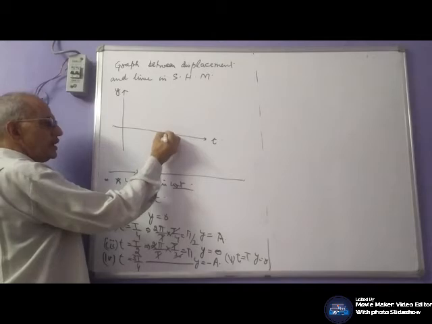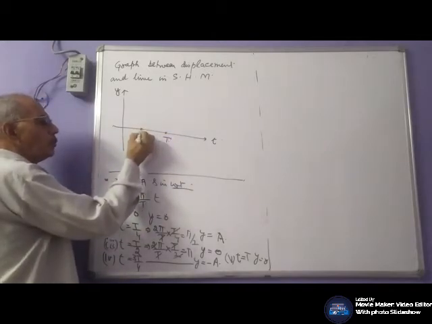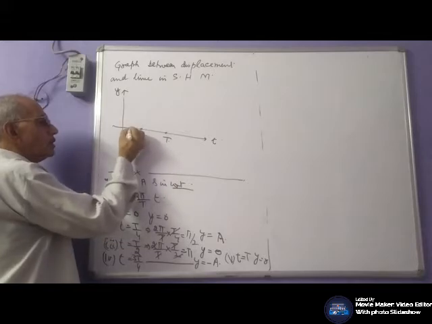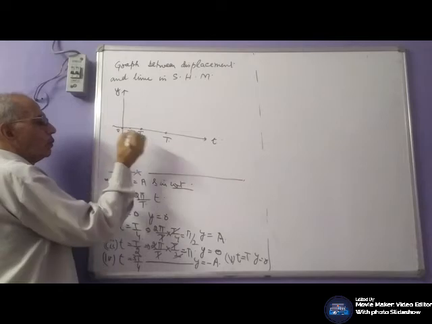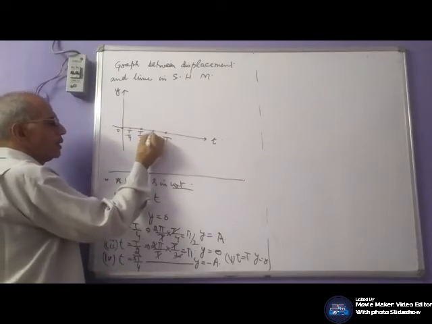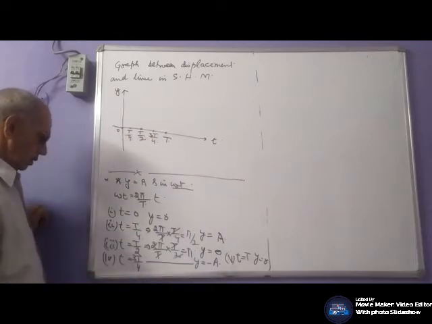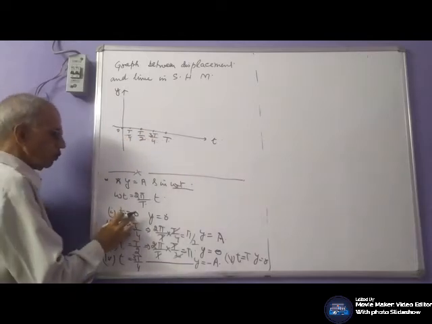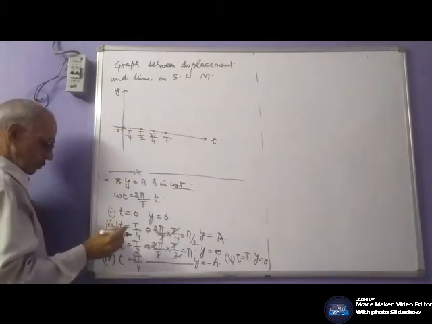This is capital T. This is T by 2. This is T by 4. This is 0. This is 3T by 4. At T 0, y 0.